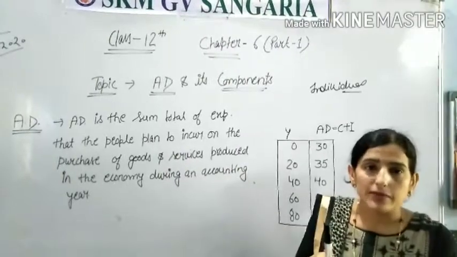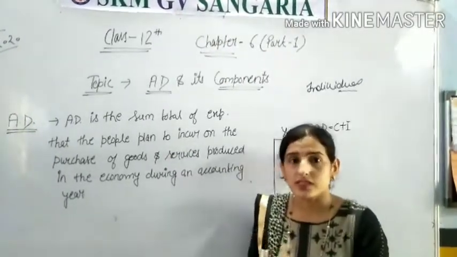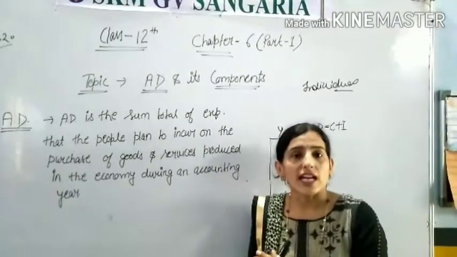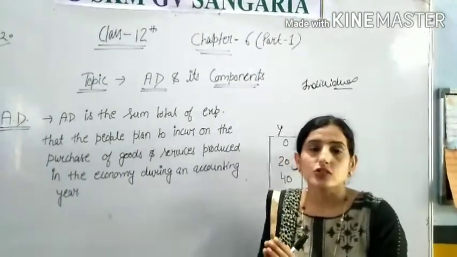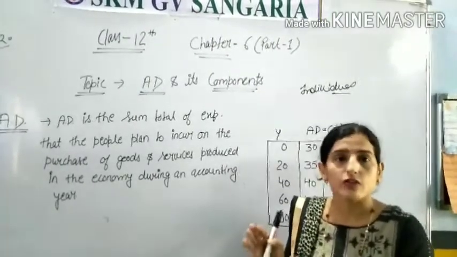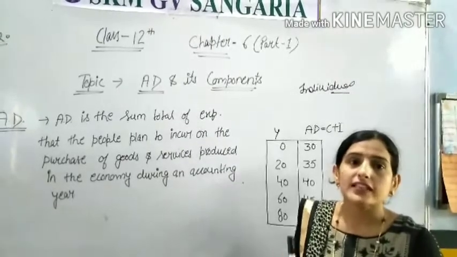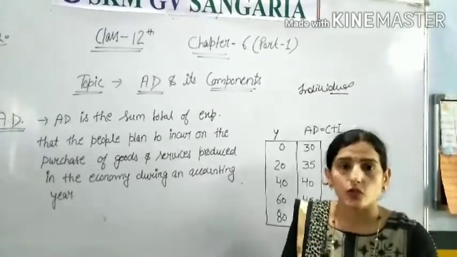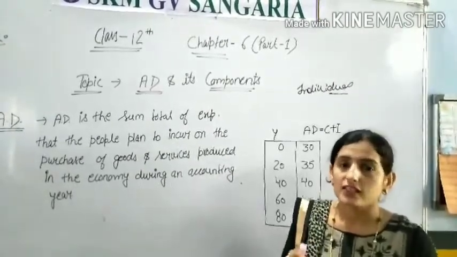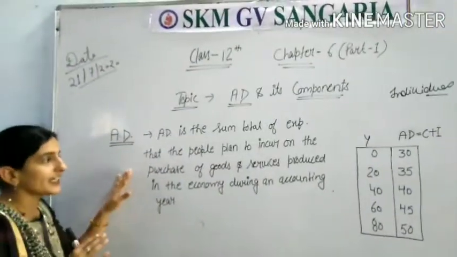Demand normally means demand for goods and services, but it is not possible to count the physical quantity of goods and services. That's why we take the expenditure on goods and services that consumers do in a year. That is aggregate demand.